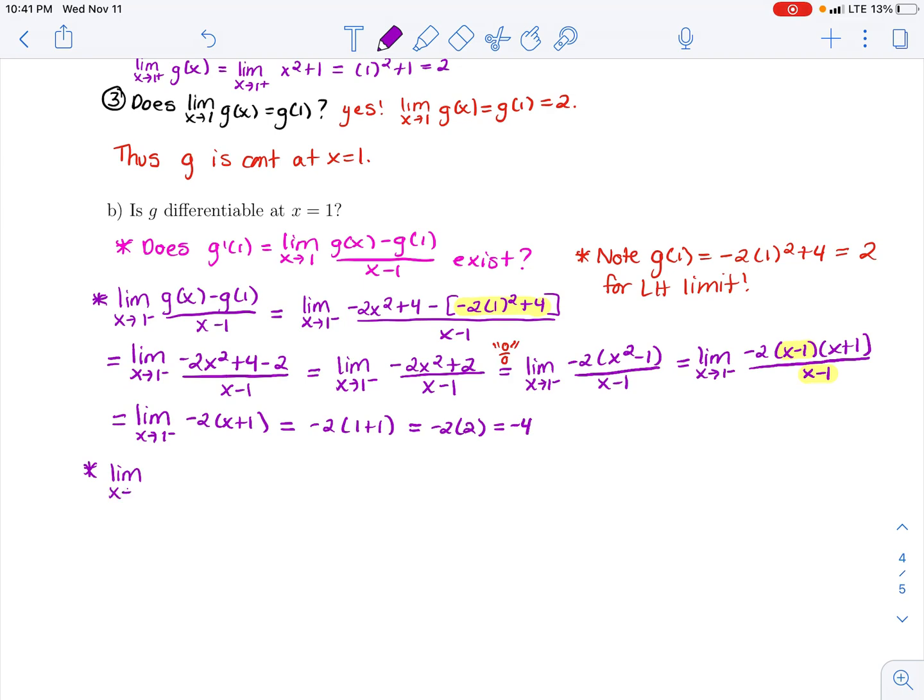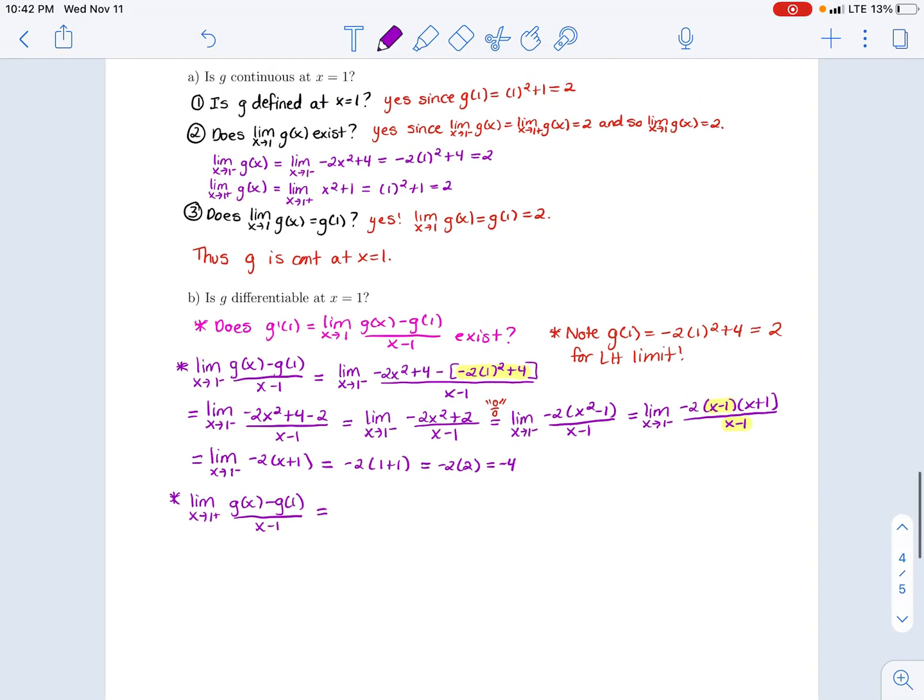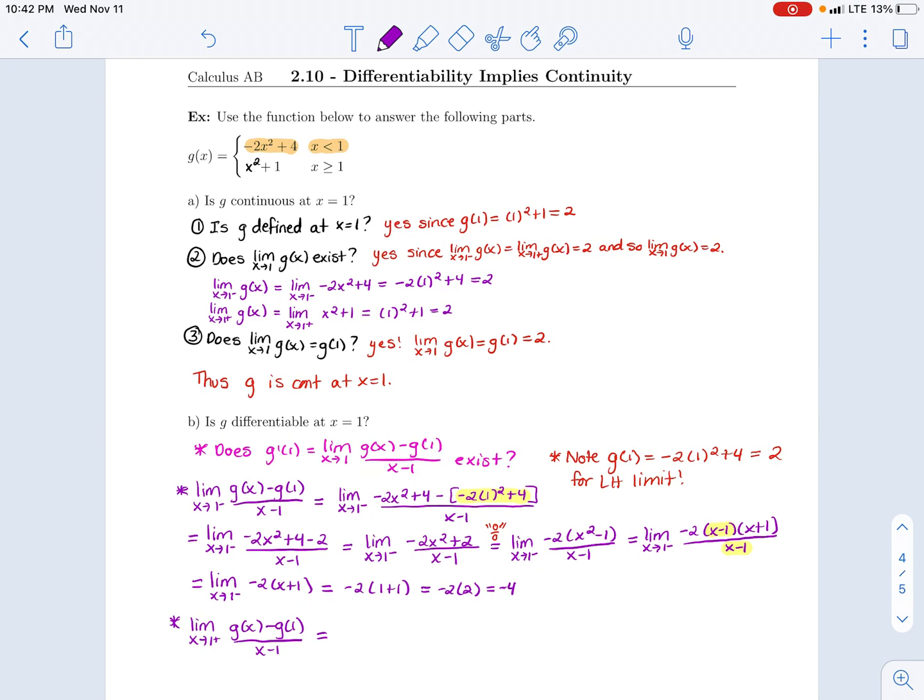Now I need to do the same thing, but from the right, of g of x minus g of 1 all over x minus 1. But now I'm changing my function, right? When x is approaching 1 from the right, or in other words, when x is greater than or equal to 1, I use the function x squared plus 1.